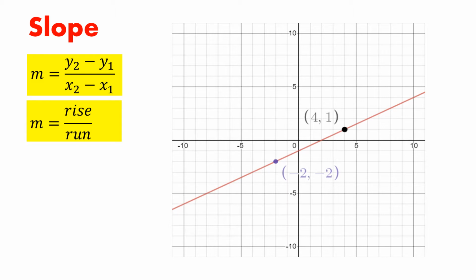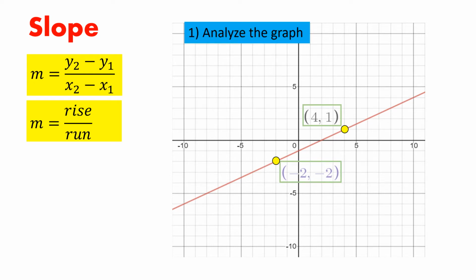If we can identify 2 points that have integer coordinates, we could analyze the graph of the line to determine the slope. For example, we could just analyze the vertical change and horizontal change from point -2, -2 to point 4, 1.